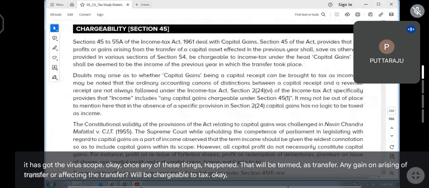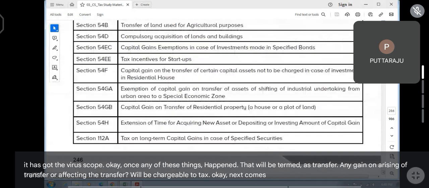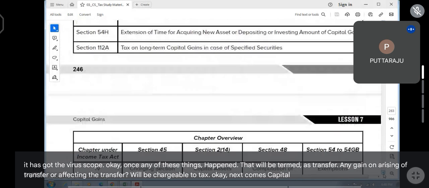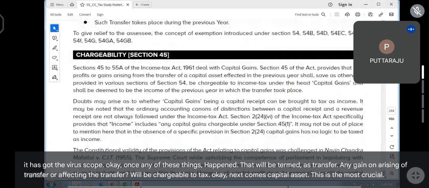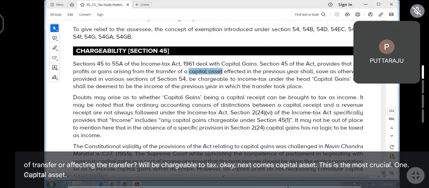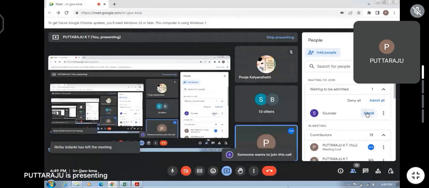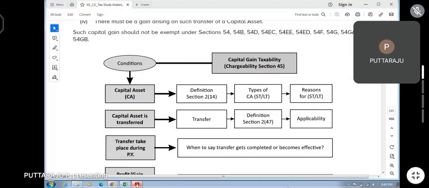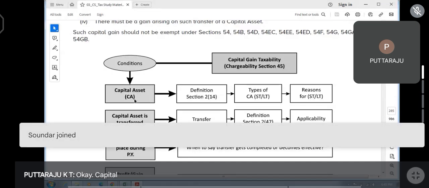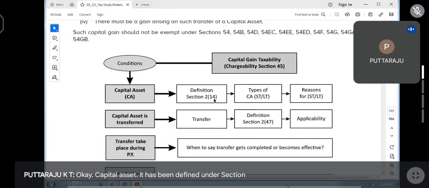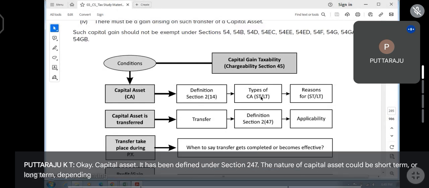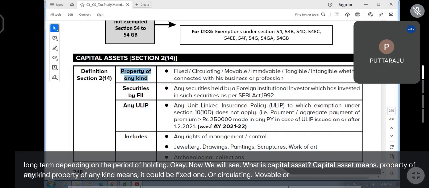Next comes capital asset. This is the most crucial one. It has been defined under Section 2(14). The nature of capital asset could be short term or long term, depending on the period of holding. Immovable, or it could be tangible or intangible.